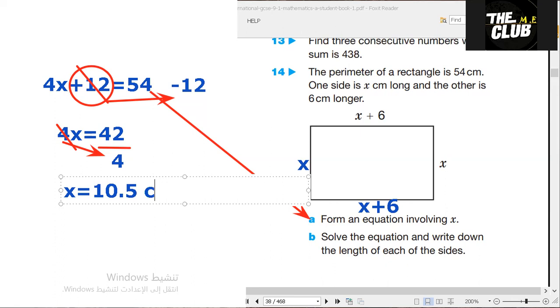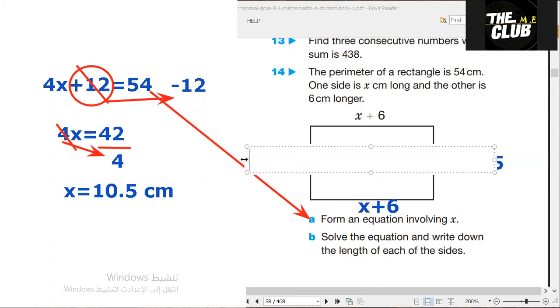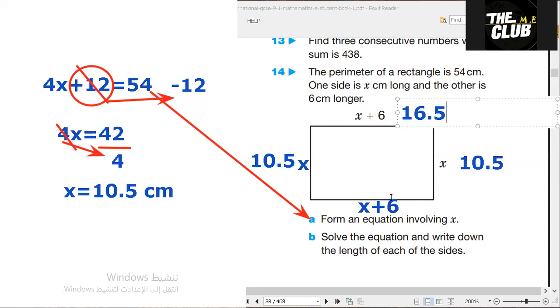And then this is the idea, and then we're gonna find the length of each side. If this is x, this is 10.5, same idea. This is 10.5 also. For these I'm gonna do 10.5 plus 6. 10.5 plus 6, you'll find 16.5 here and here 16.5. Okay, that's the idea of this question.